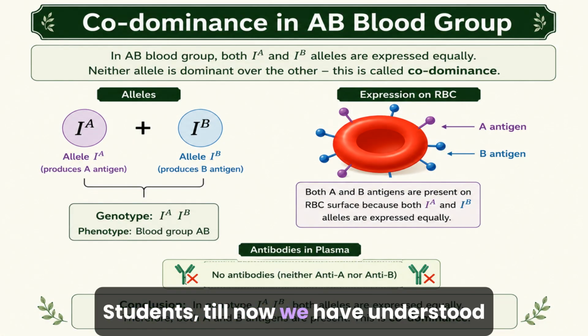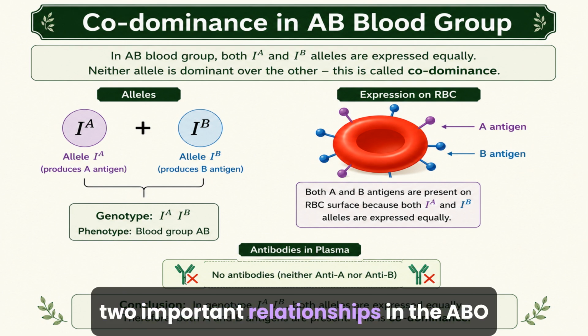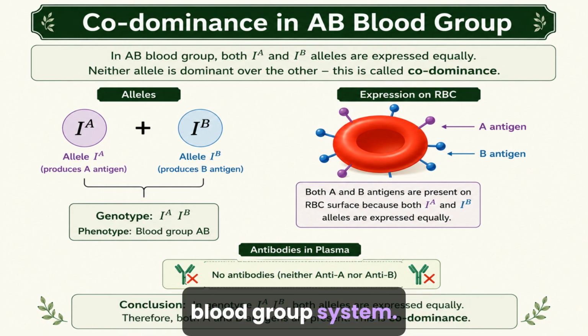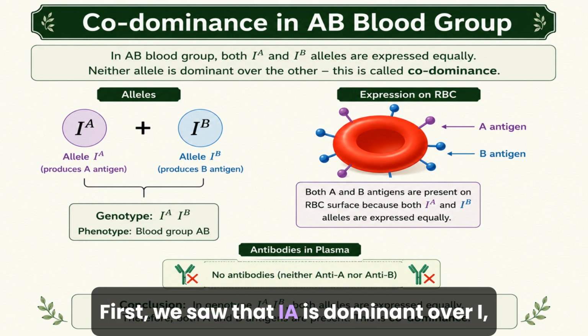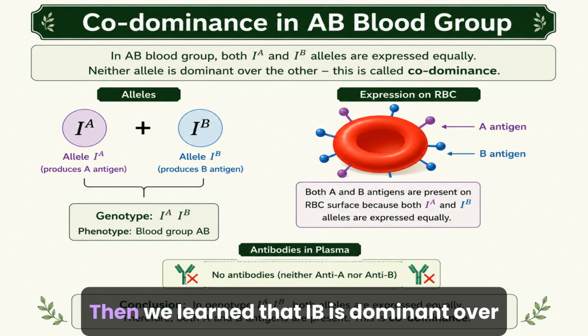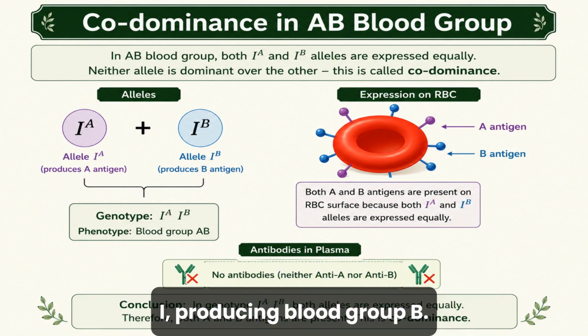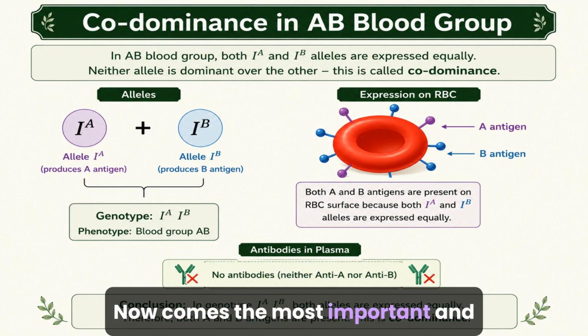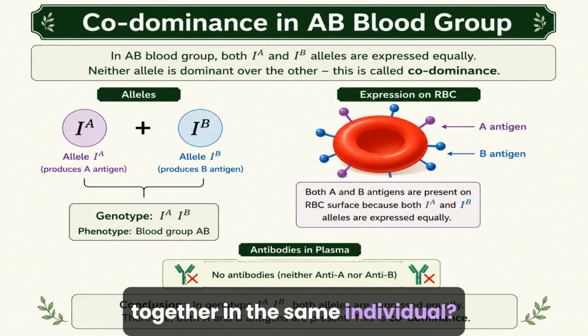Students, till now we have understood two important relationships in the ABO blood group system. First, we saw that IA is dominant over i, producing blood group A. Then we learned that IB is dominant over i, producing blood group B. Now comes the most important and interesting question. What happens when IA and IB come together in the same individual?